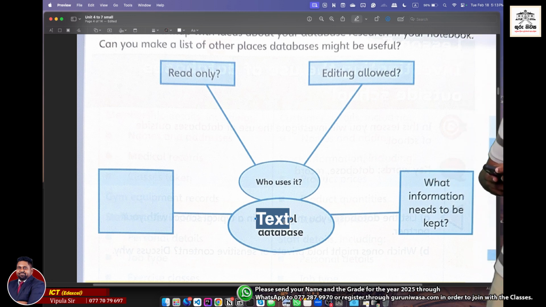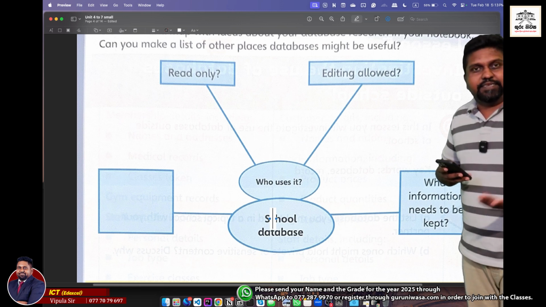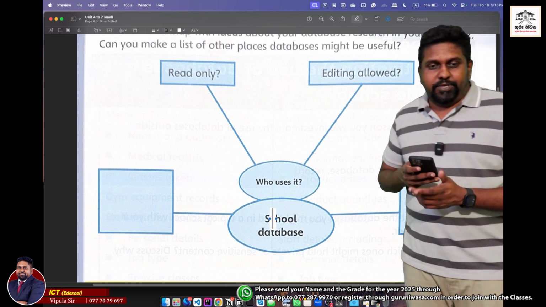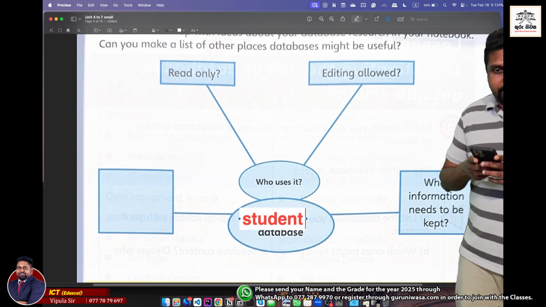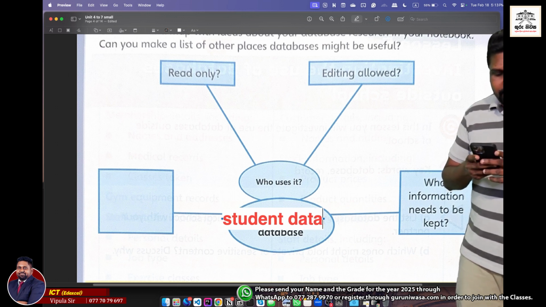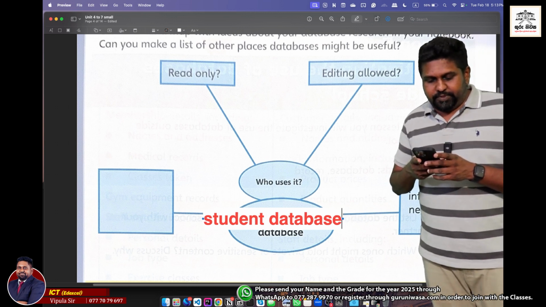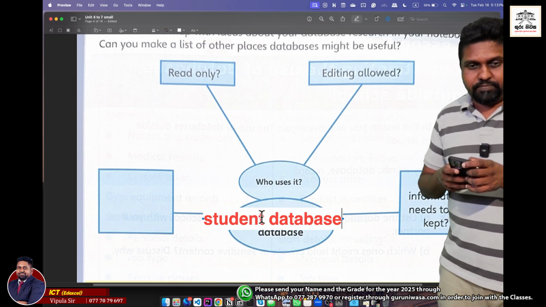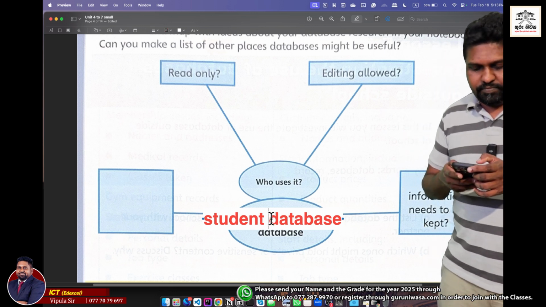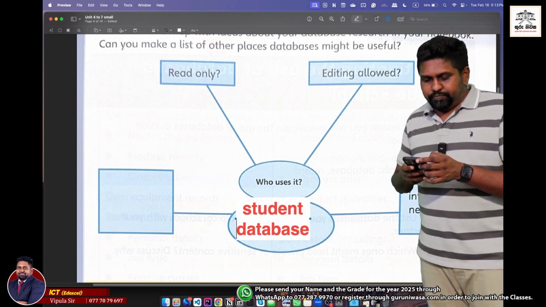So, what is the database? Shall we do something like this? So student list, let's call it student database. Nice.